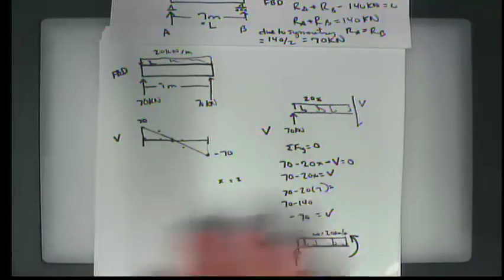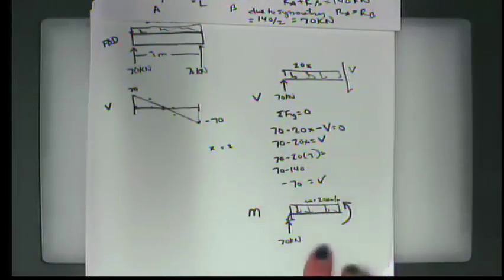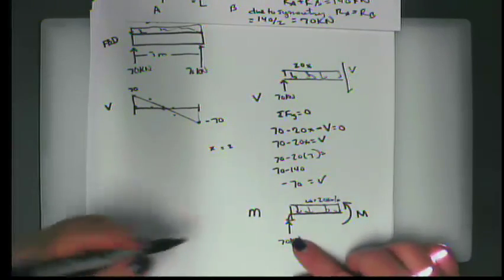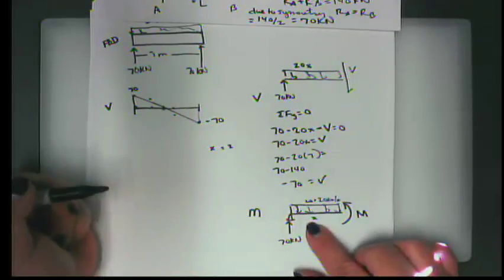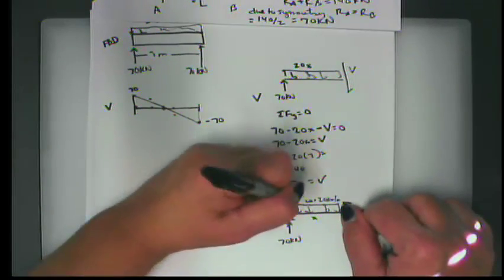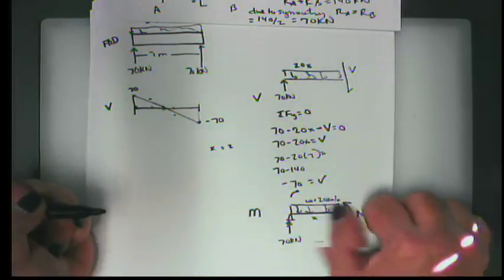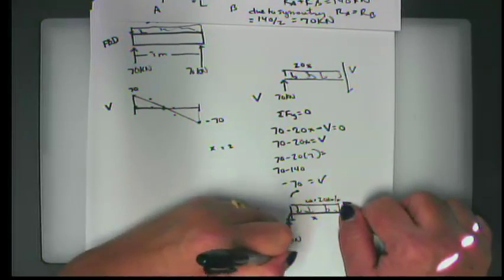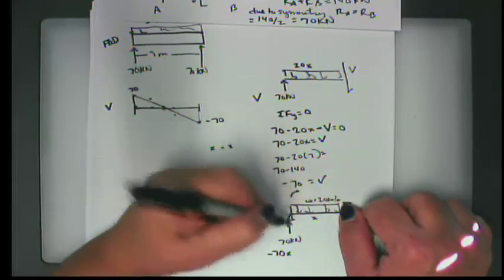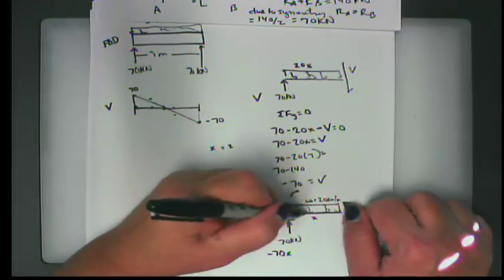All right, now this is something that we're going to have to introduce a little bit of something here, but let's just look at this block. Here's my reactive moment, right? So what I can say, if this distance is x, we can first of all say that wherever we are, this moment is going to create a clockwise moment at a magnitude of 70 times x. So it's negative, right? Because it's going that way.